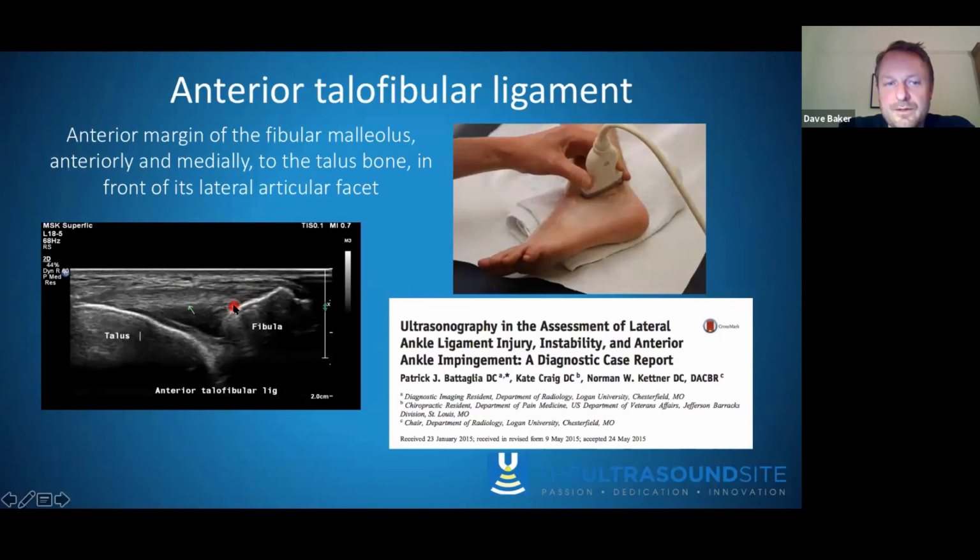And ultrasound really comes into its own on such structures, because it allows you to perform dynamic stress tests to see whether or not you can actually cause gapping between the bones. You can oftentimes see the stubs of the ligament pulling apart from one another. We can look in also for signs of effusion. So it really gives you lots and lots of information when you're assessing ligamentous injuries.